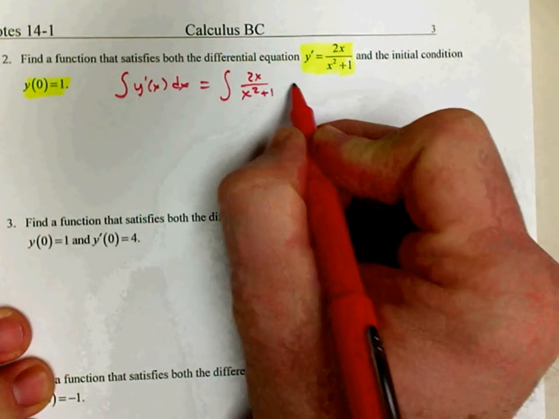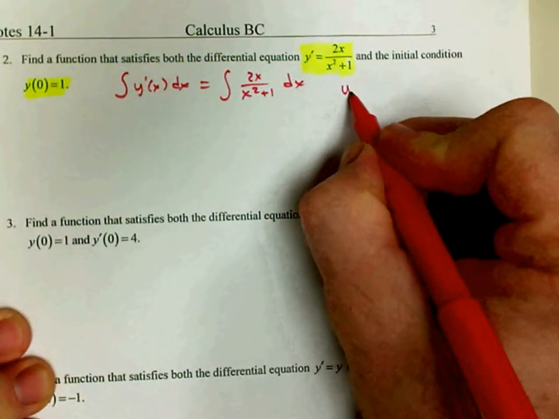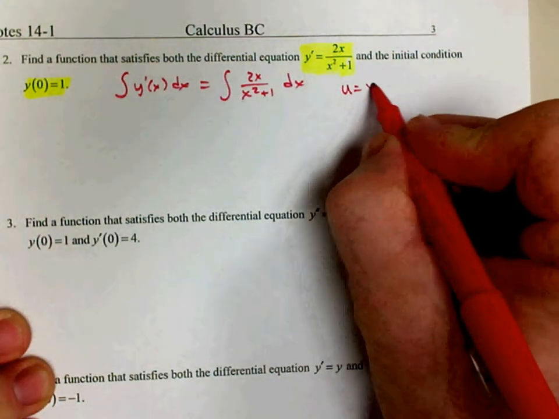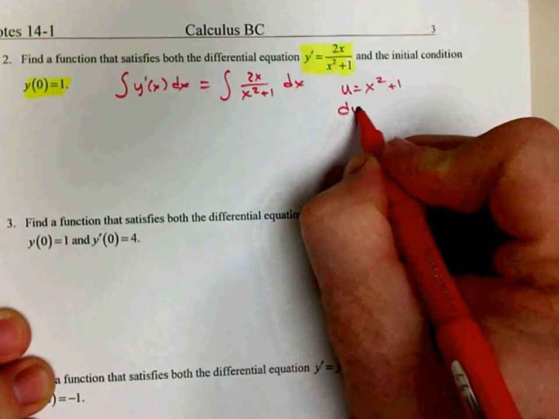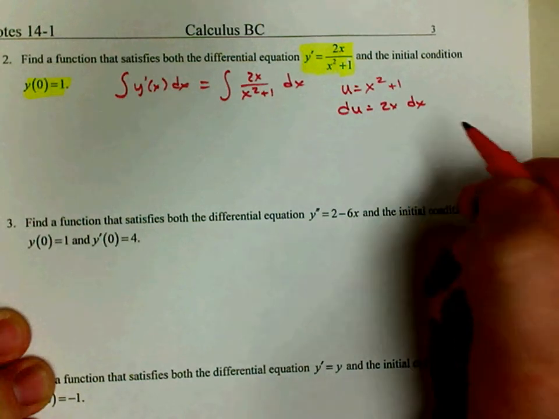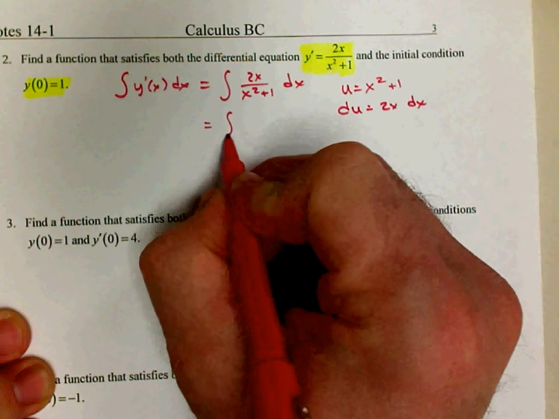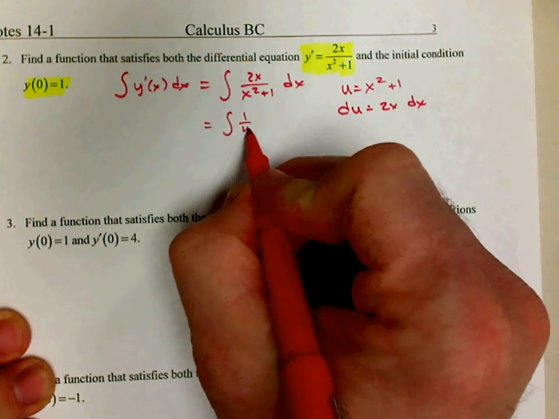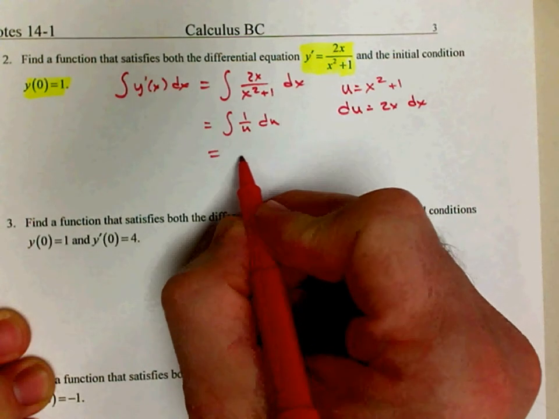Remember back to our days of integration here. This looks like a u substitution to me. Let's let u equal x squared plus 1. Du will be 2x dx, which is pretty nice, which means this is just going to be the integral of 1 over u du, which is the natural log of the absolute value of u plus c.